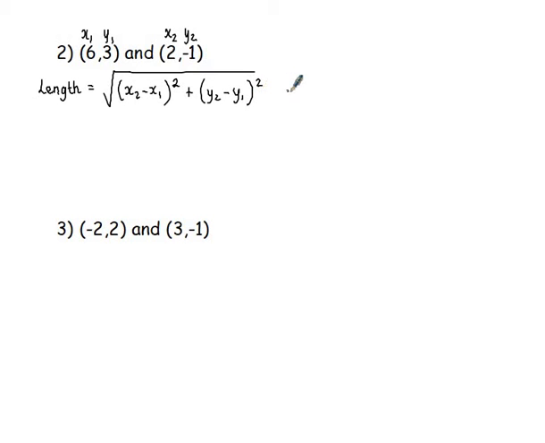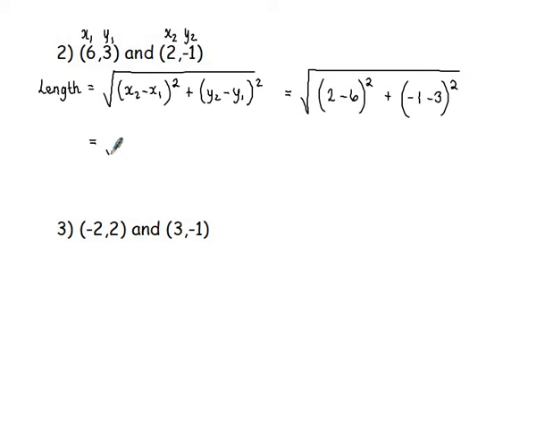If we substitute in then, so x2 minus x1, so we have 2 minus 6 all squared, plus, and then y2 is minus 1 and y1 is 3, so minus 1 minus 3 all squared.